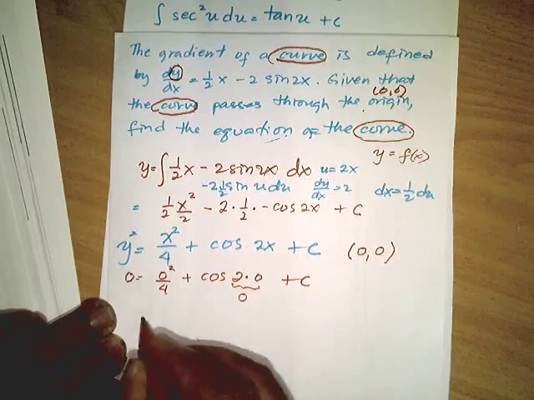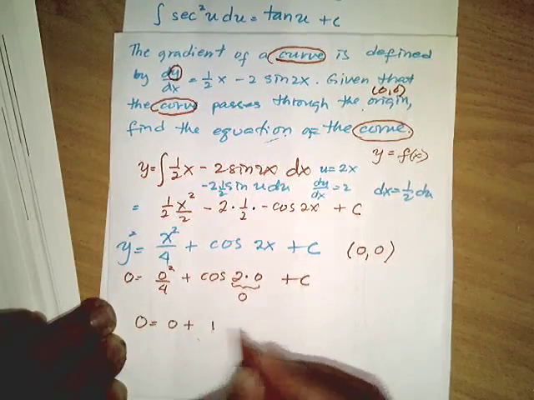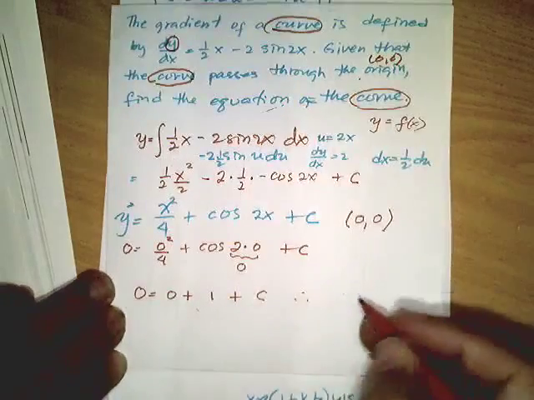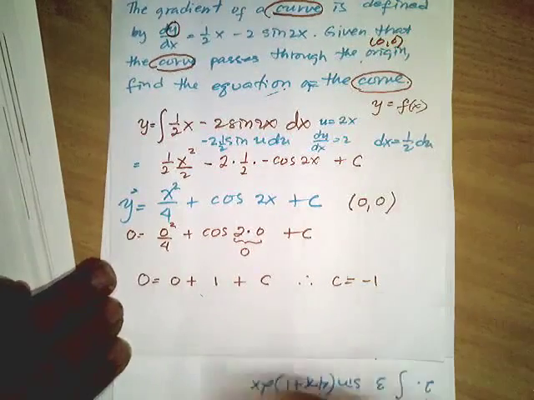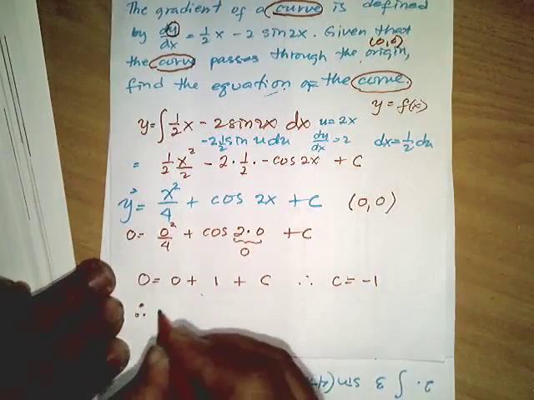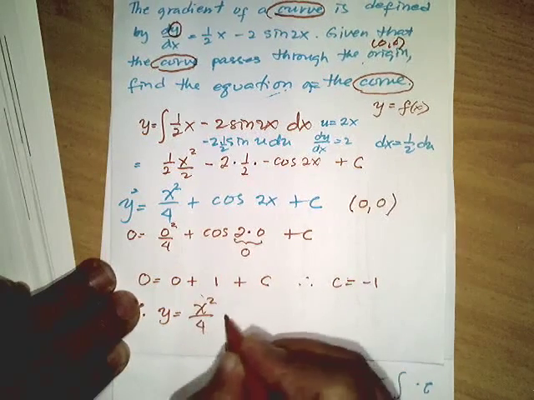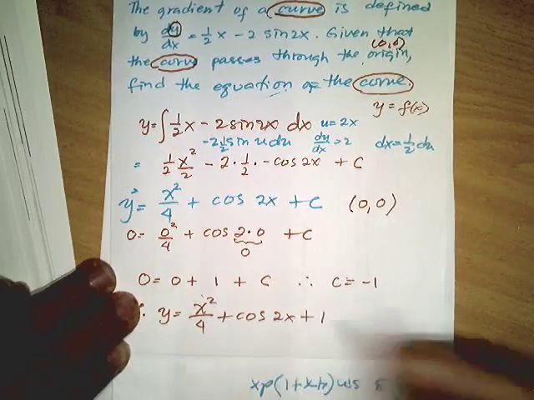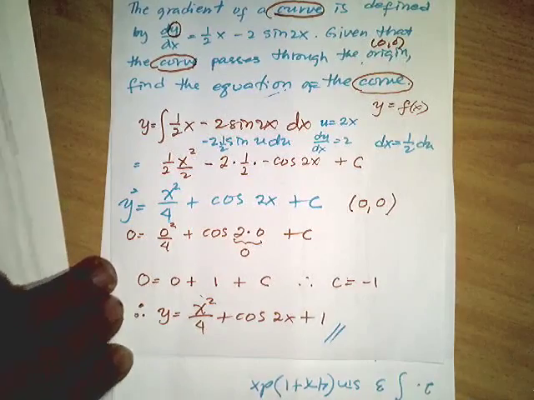Cosine of 0 is equal to 1. So 0 equals 0 plus 1 plus c. Therefore, c is equal to negative 1. Therefore, the equation of the curve is y equals x squared over 4 plus cosine 2x minus 1. This is now the final answer.